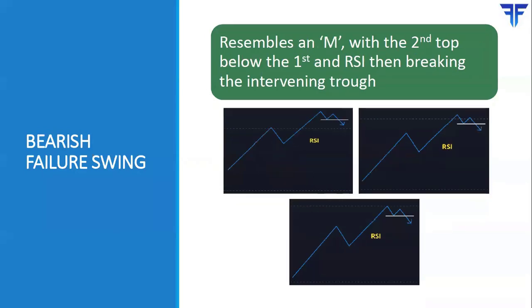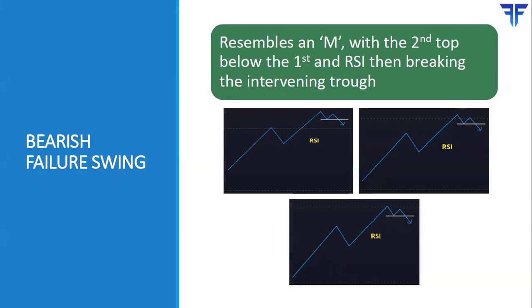The opposite of that is something that's called a bearish failure swing. So it happens after an up move in RSI, and once it has ventured above or near the overbought region. Now this is the polar opposite of the bullish failure swing.